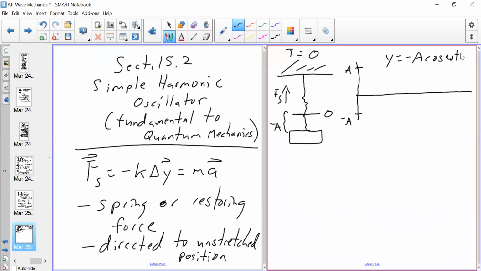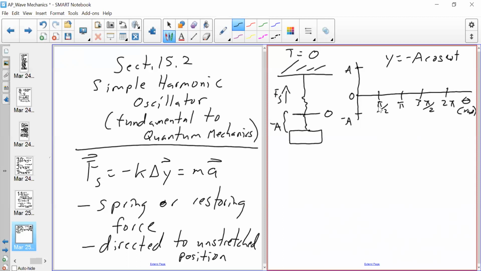We're not worried about phase shift, so we just leave it out. This is going to be in radians, amplitude versus angle, and then this is going to be pi over 2, pi, 3 pi over 2, 2 pi.